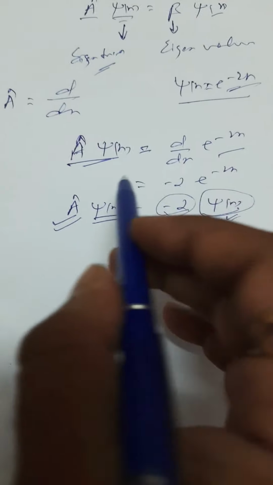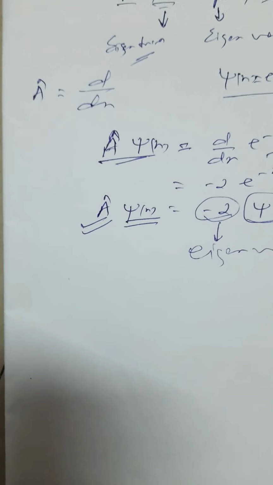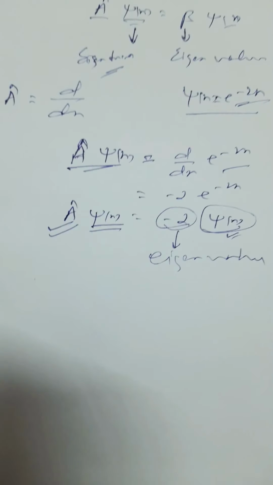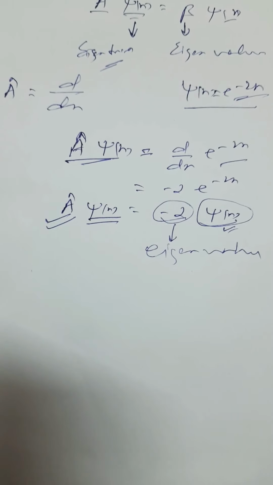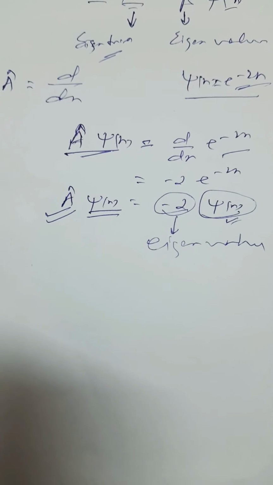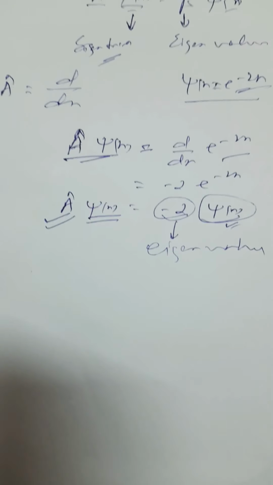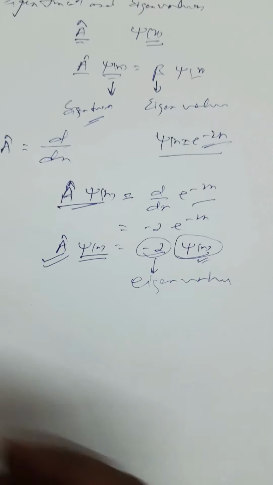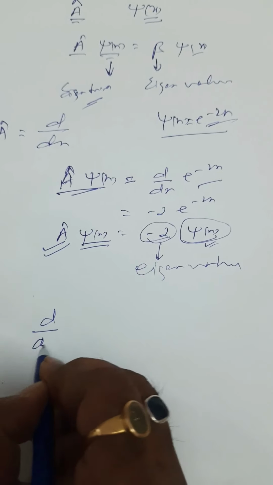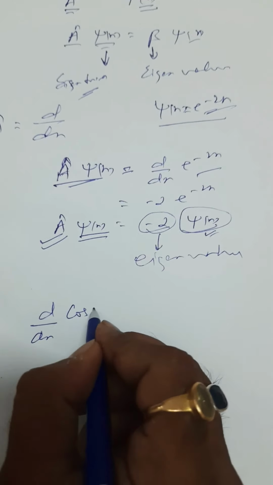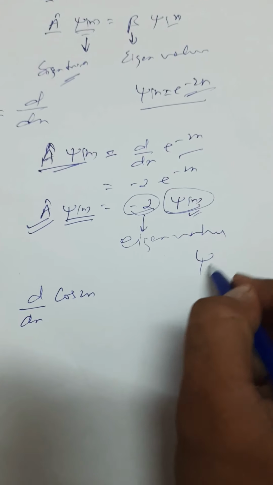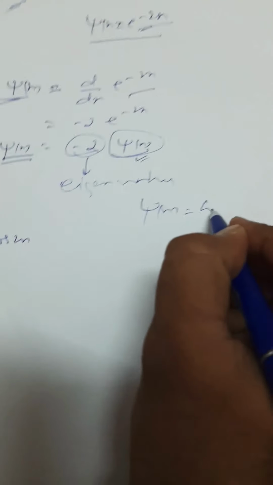Now the same operator cannot act like this for every function. Suppose the same operator is used for the function psi x equal to cos 2x.